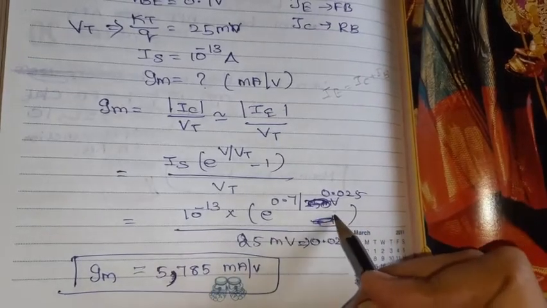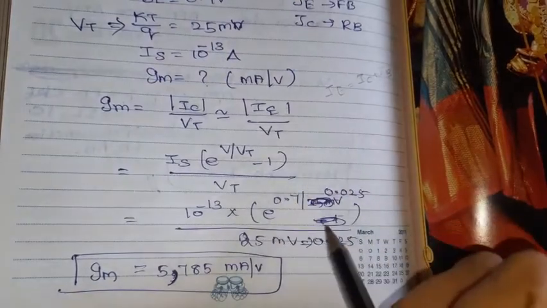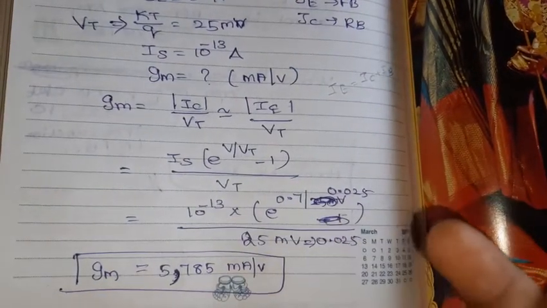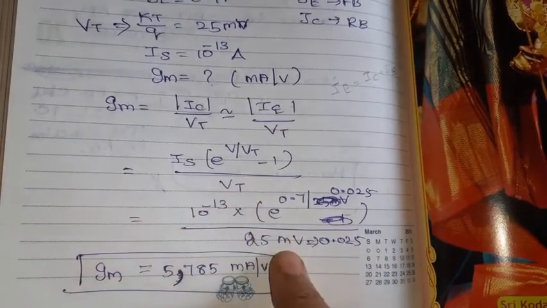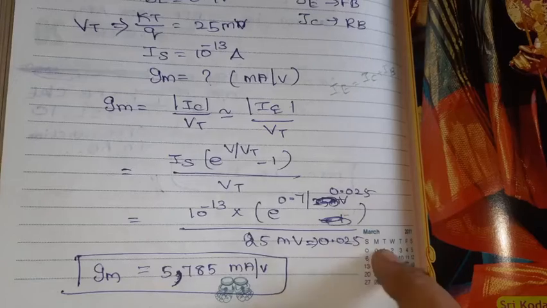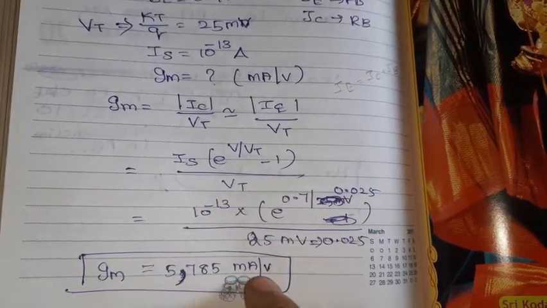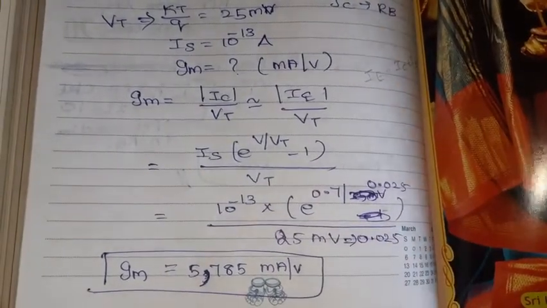Subtracting 1 from a very large value will not have much impact, so we can ignore it. Divided by VT, which is again 0.025. When we solve, we get 5785 milliamperes per volt, the transconductance value.